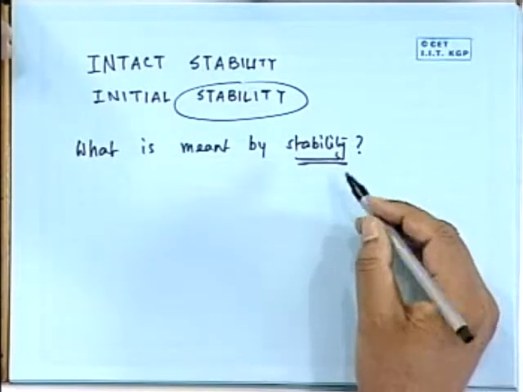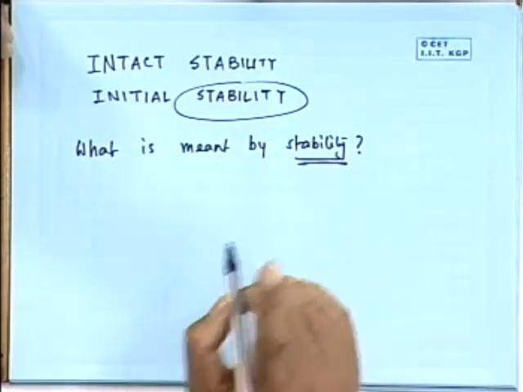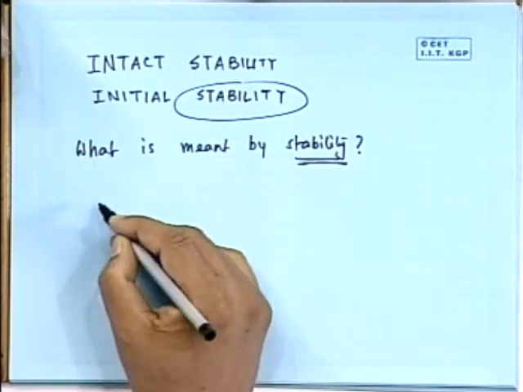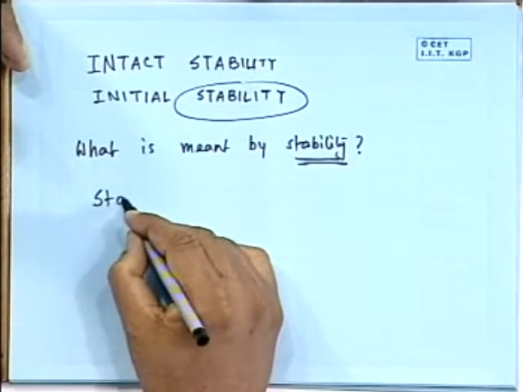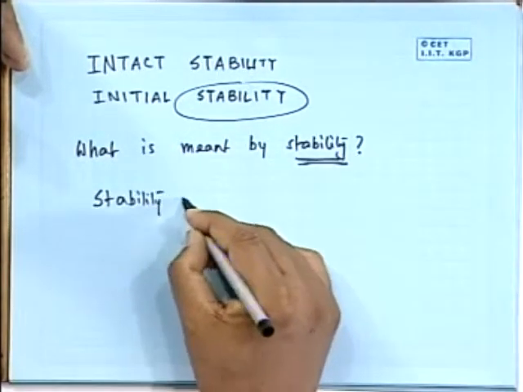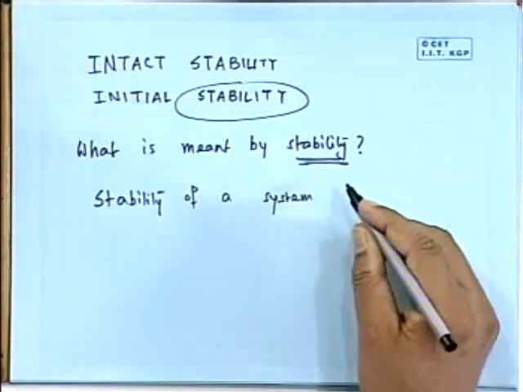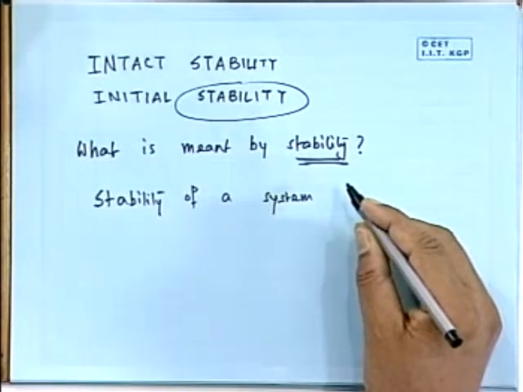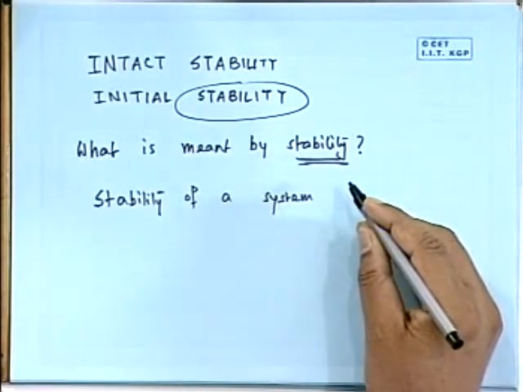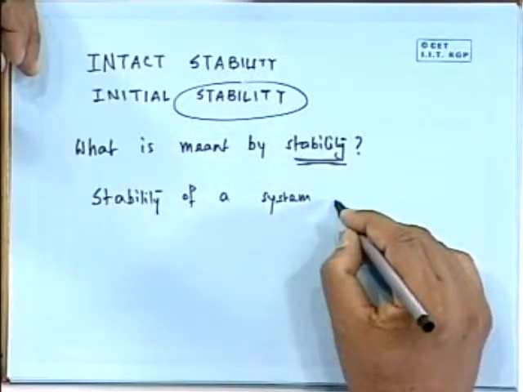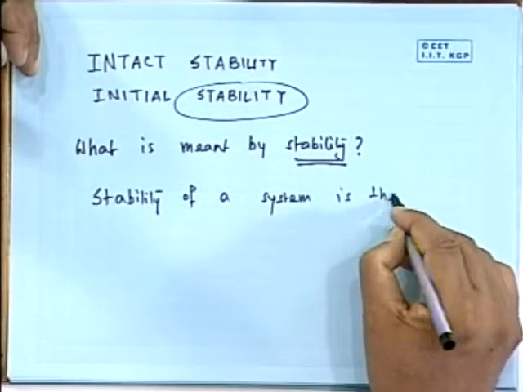Now, in general, I want to first start by giving a general definition. We will say that stability of a system, let me first write it down, will be defined by the way a system operates or behaves under the influence of an external force given to it and then removed.